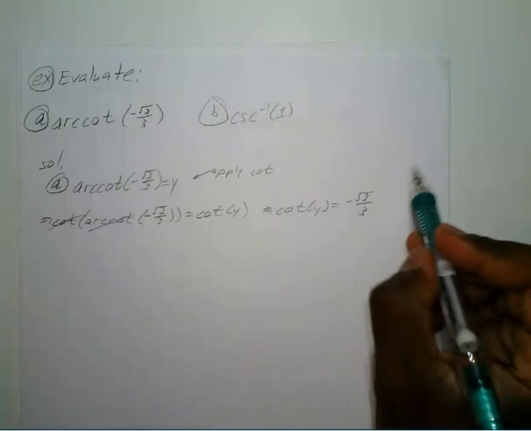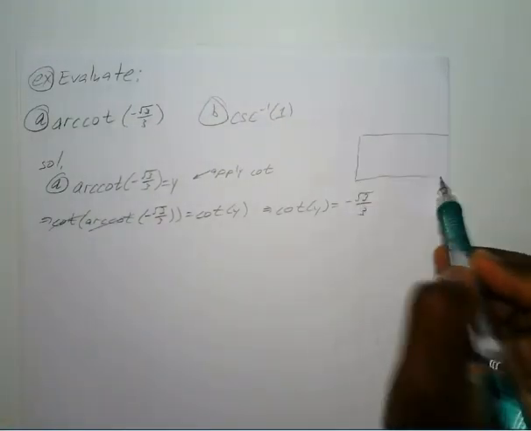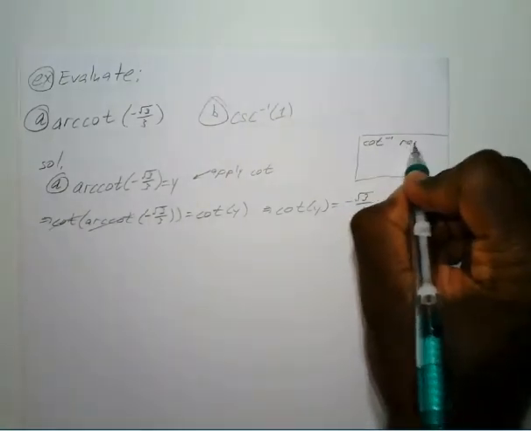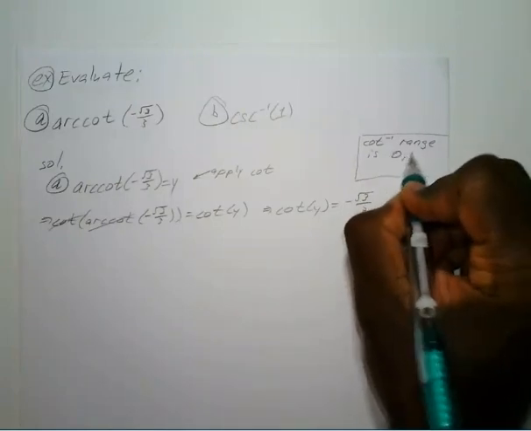Now remember that the range of cotangent inverse is from 0 to pi.